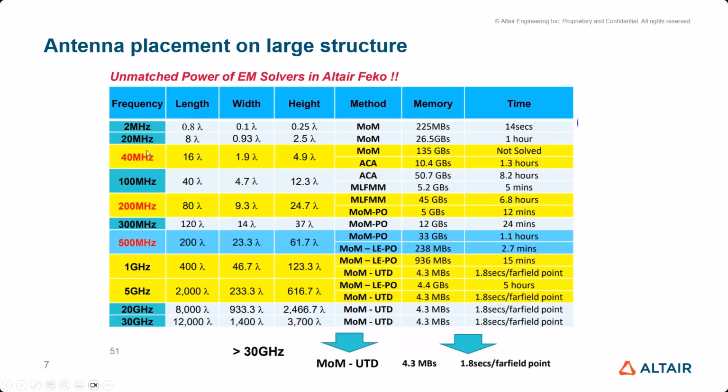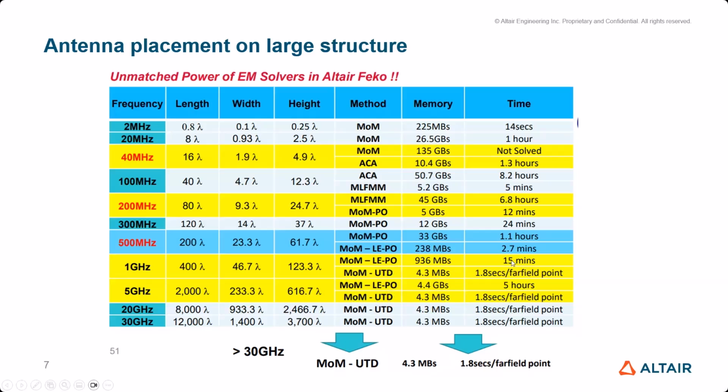But if you increase the frequency to 5 gigahertz, where your problem size is now 2000 wavelengths, you can switch your solver from method of moments to a combination of method of moments and physical optics, or method of moments and UTD.